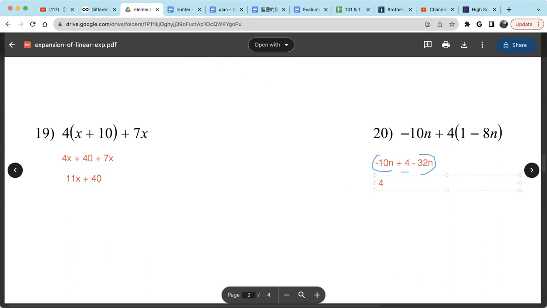So 4 positive I write up front. Negative 10n minus 32n, that becomes negative 42n. And that's it. Maybe you did faster than me. That's great. Okay. All right, that's just for this 20 questions for today.